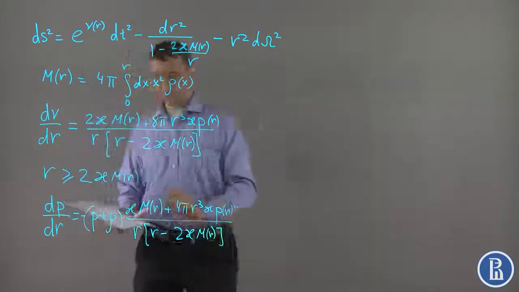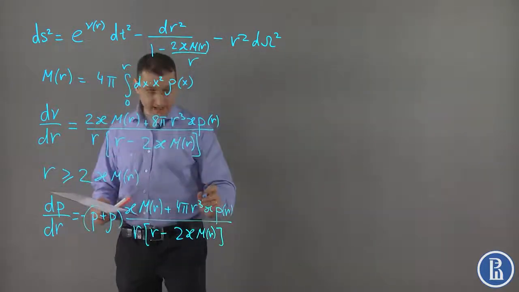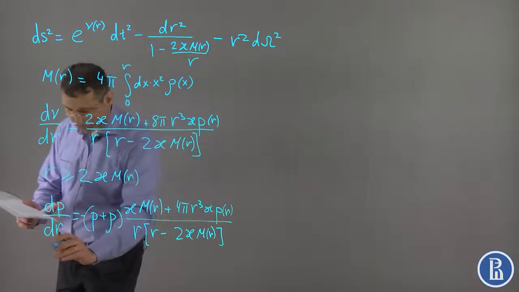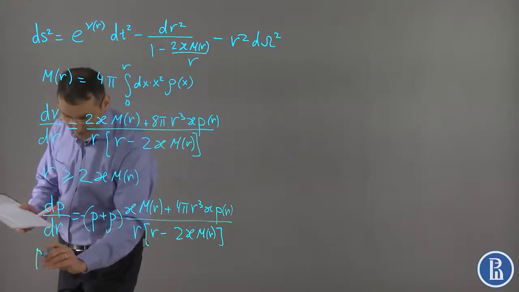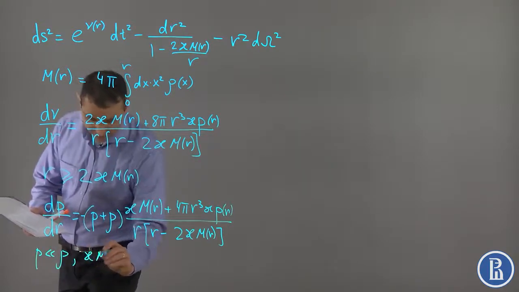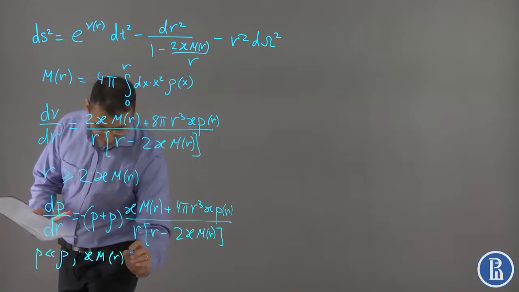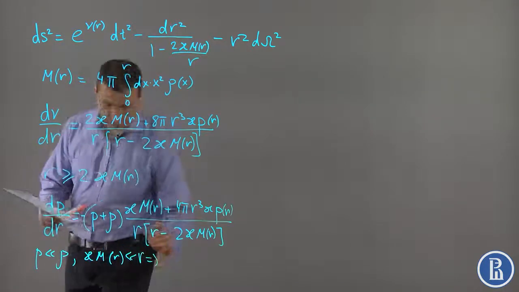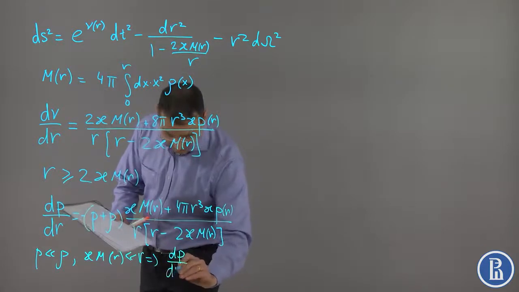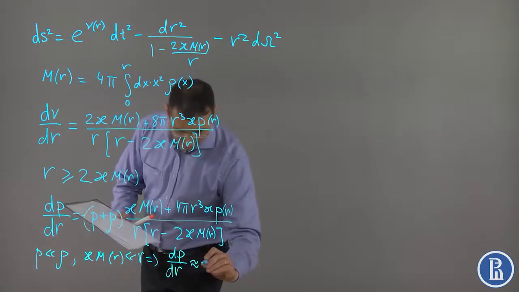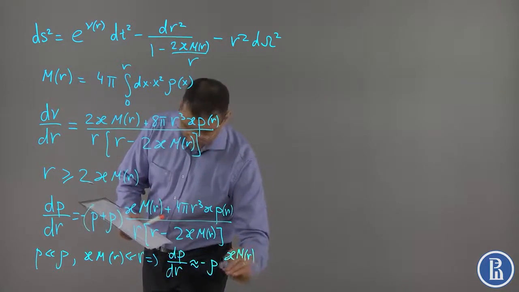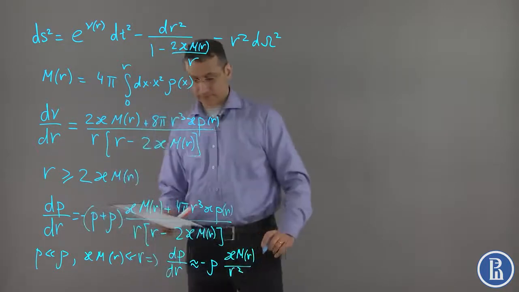So now, as a side remark, let me state that in the non-relativistic limit, when p is much smaller than rho and kappa m of r is much smaller than r, this equation reduces to dp over dr approximately equal to minus rho kappa m of r divided by r squared.